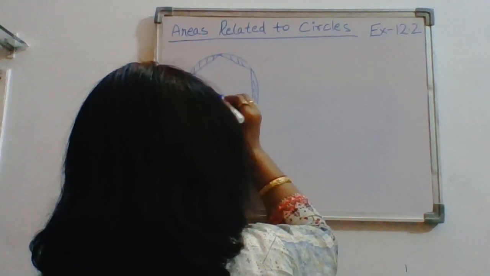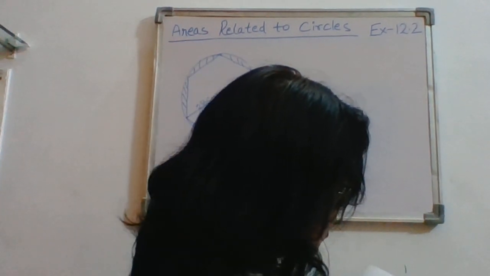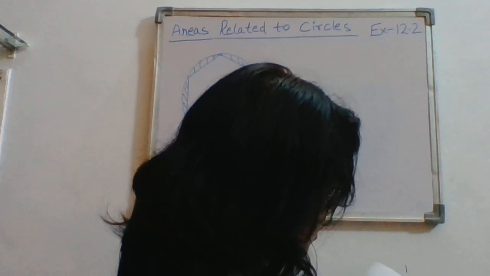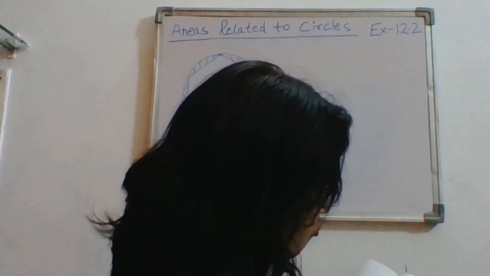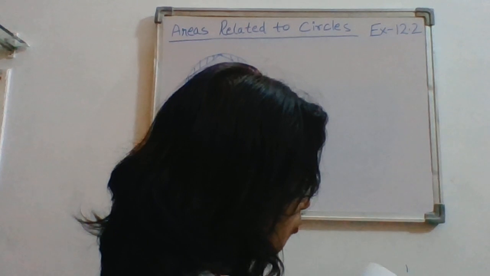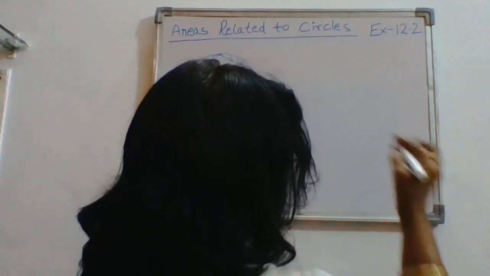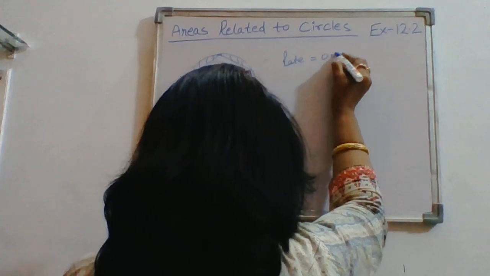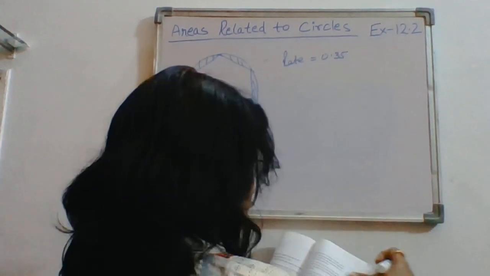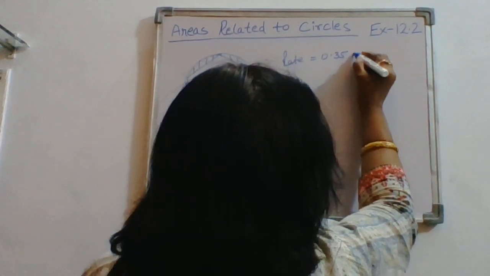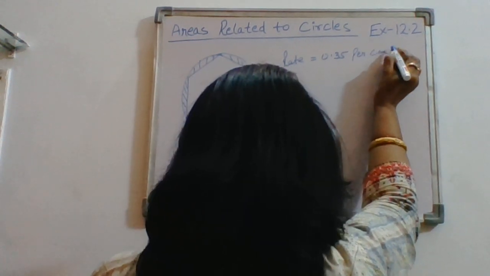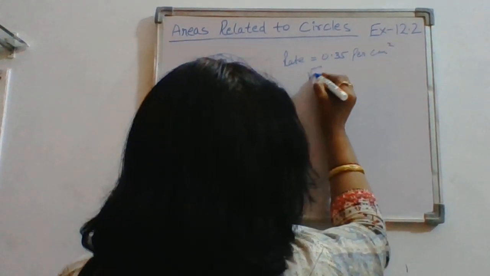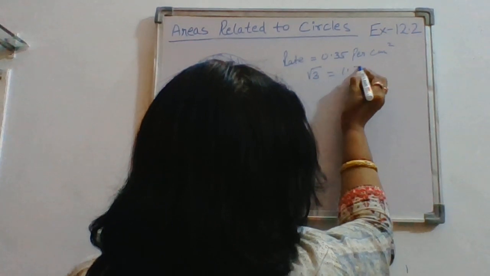Now we have to find the cost of making the design at the rate of 0.35 per centimeter square, and we have to consider root 3 as 1.7.